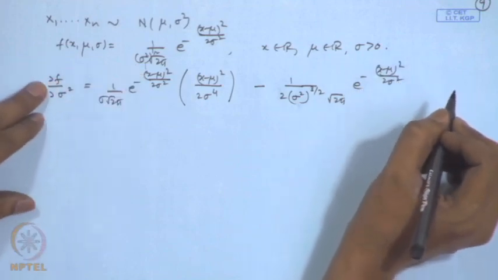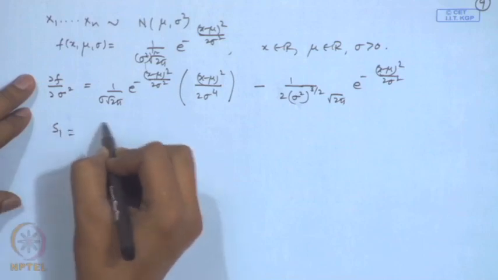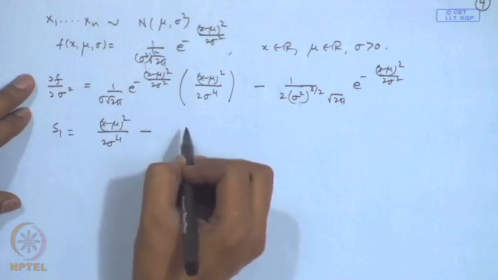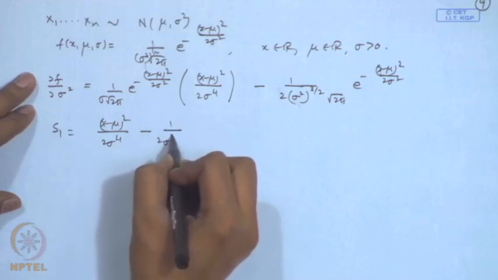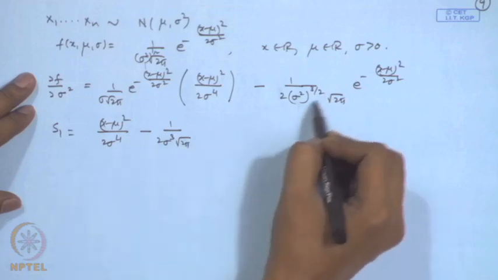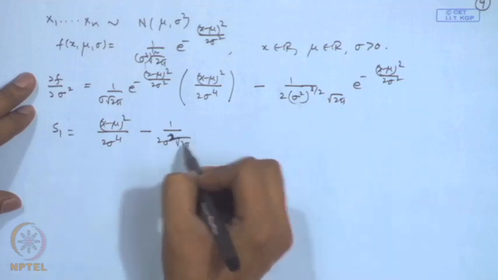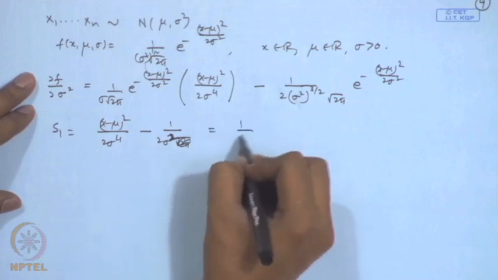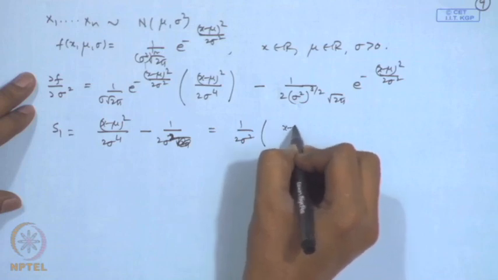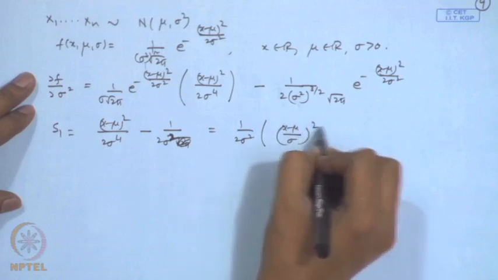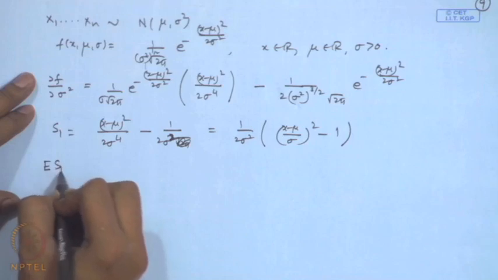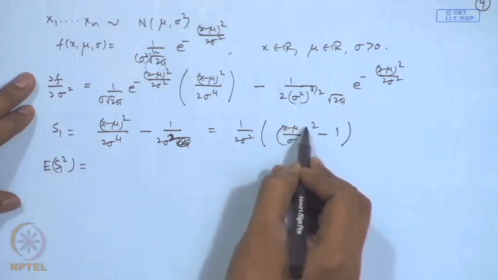Now, you can see this S1 term itself will be equal to (x minus mu) square by 2 sigma to the power 4 minus 1 by 2 sigma cube root 2 pi. Now, this term of course will cancel out, so you will get sigma square here, that is 1 by 2 sigma square times ((x minus mu) by sigma) whole square minus 1. Now, if I want to calculate the expectation of S1 square, that will involve the fourth order moment here.